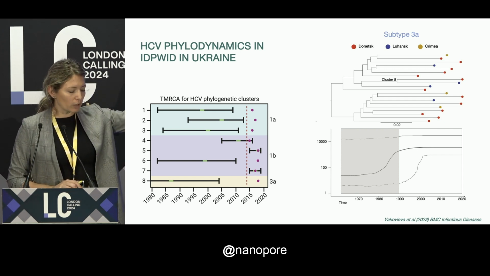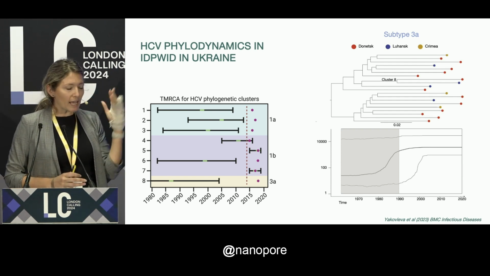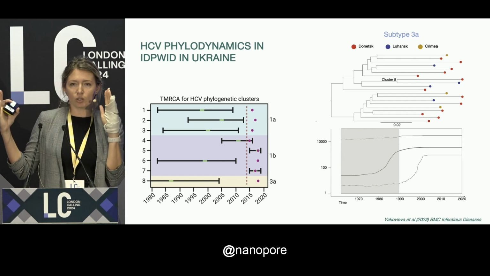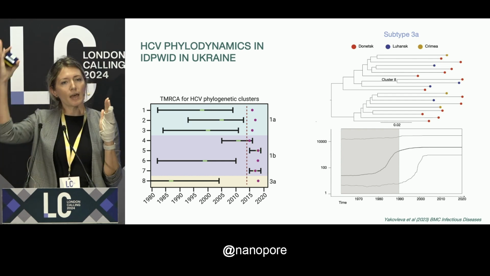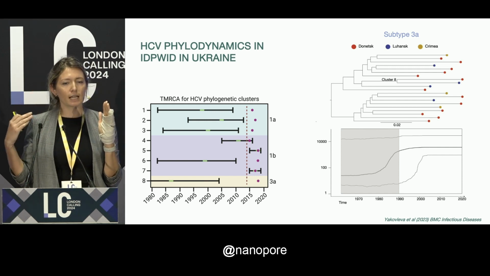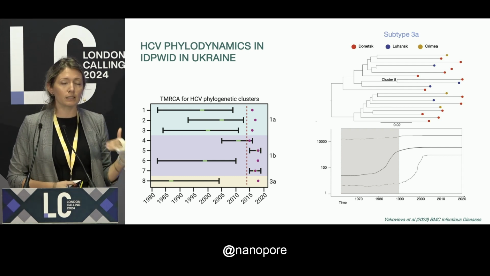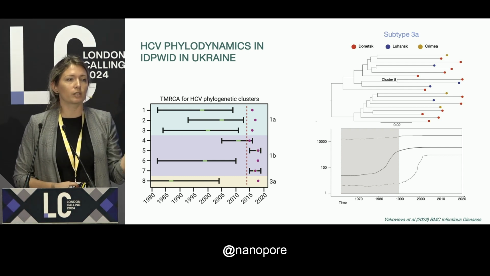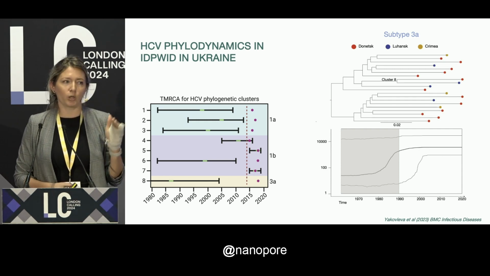So for the 2 clusters that did originate after 2014, we estimated the interval of the plausible origination of that cluster, then mapped when people in this cluster reached Odessa. And what we saw was that in the cases when people did get infected after displacement, they got infected within the first year upon arrival.